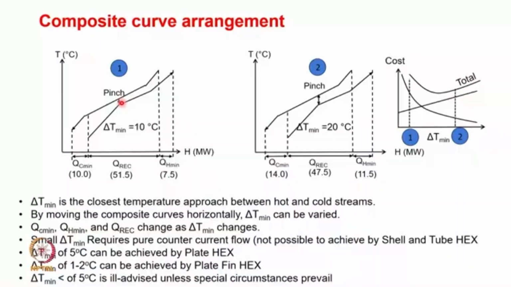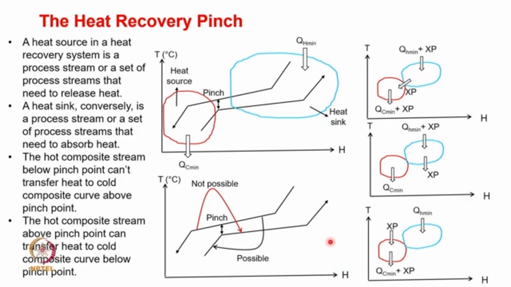Only if special circumstances prevail will we go for such a delta T min, which essentially means that the pinch point is where these curves are pretty close to each other. When you have the delta T minimum less than 5, it is typically not recommended considering the operational difficulties and the cost involved. So, let us go one step forward and speak a little bit more about the pinch.